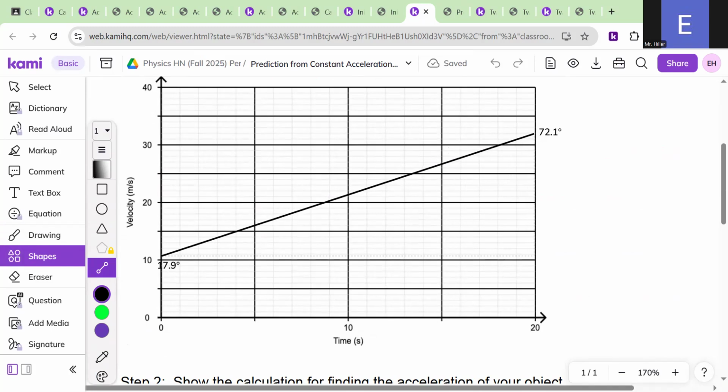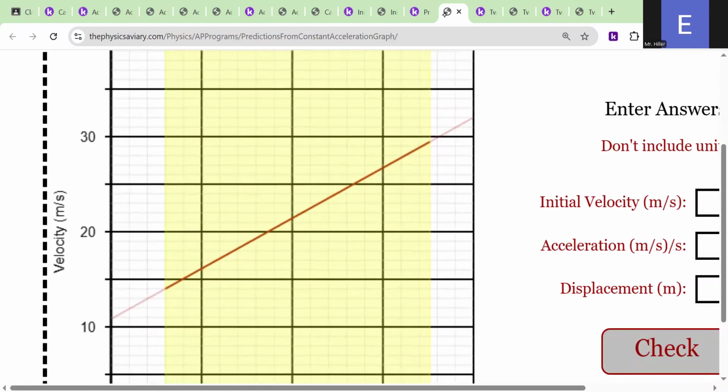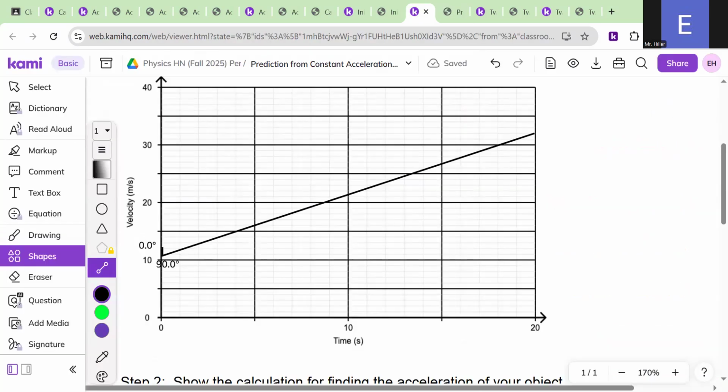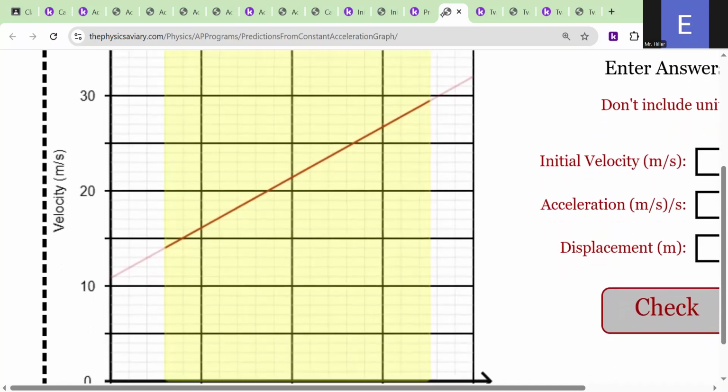Like that. Okay. Now, what I'll do is figure out my slope. So my slope is going to be easy because I'm going to go up from 11 to 32. Rise over run. So my rise would be 32 minus 11, which is 21. And my run, it's the full graph.